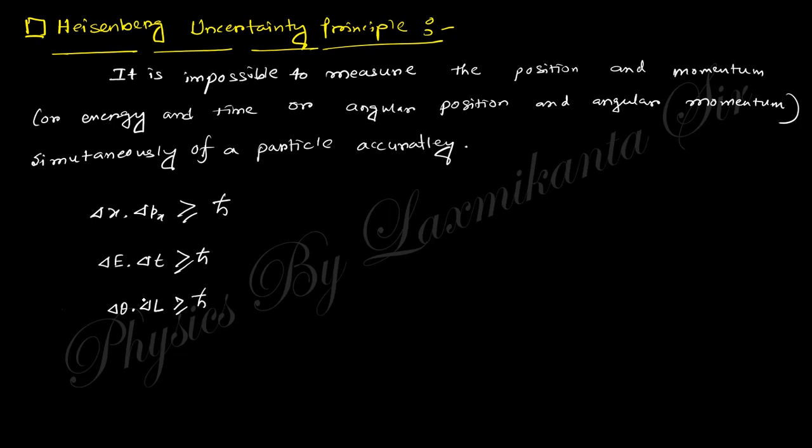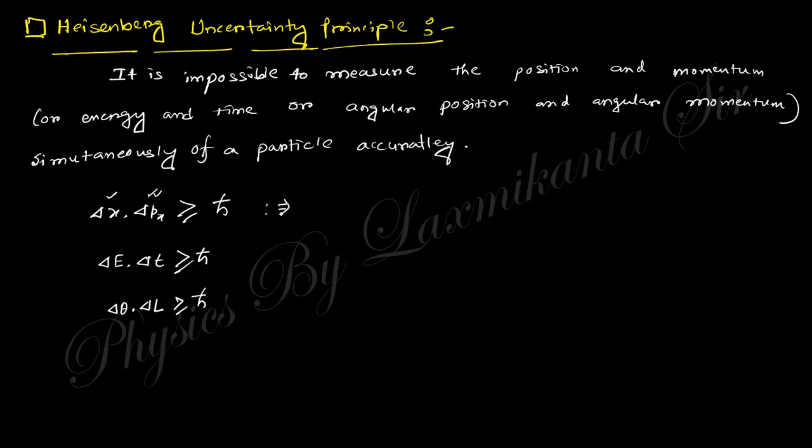So it is impossible to measure two parameters simultaneously accurately, you need to sacrifice one. If you want to measure the position accurately, then the momentum will be uncertain. This will be errorful, and if you want to measure momentum accurately, then the position will be uncertain.